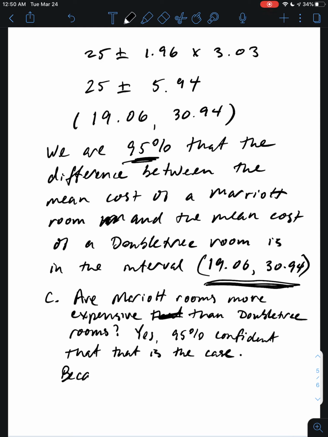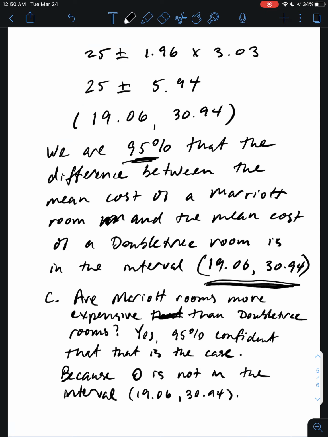Because 0 is not in the interval 19.06 to 30.94. So if 0 were in that interval, then 0 could be a possible difference, which means that there would be no difference, literally.